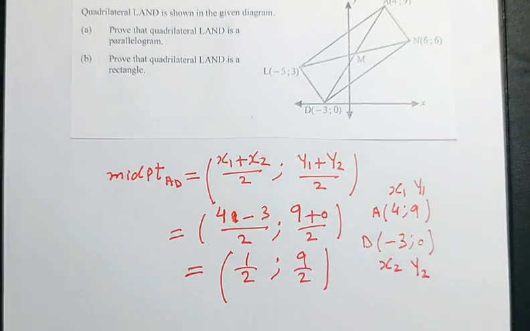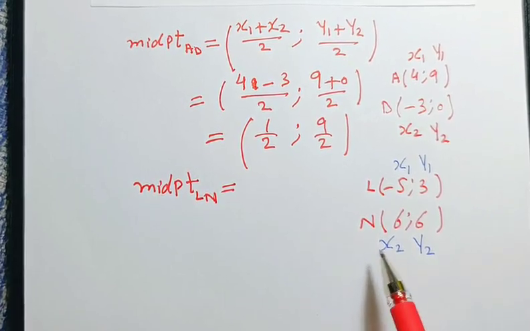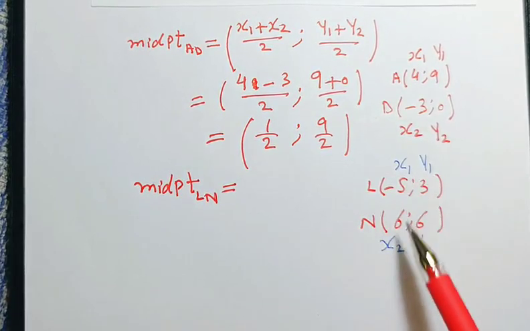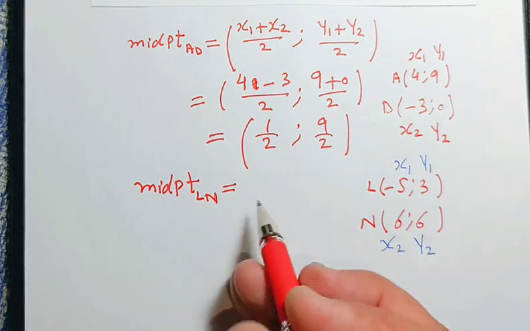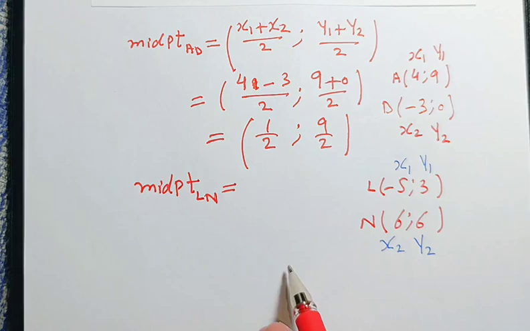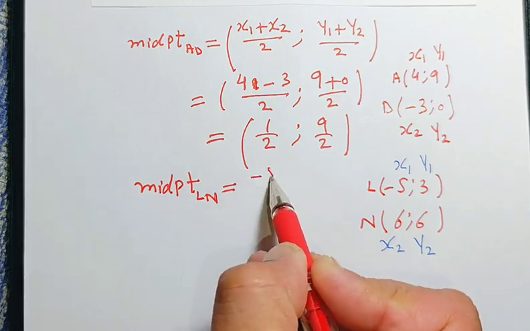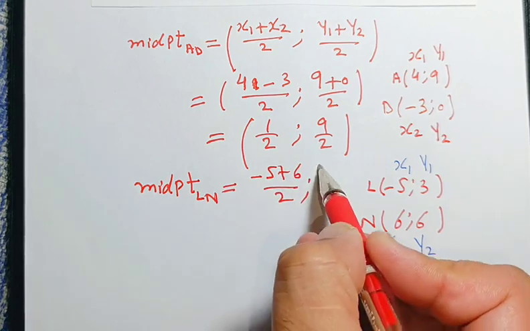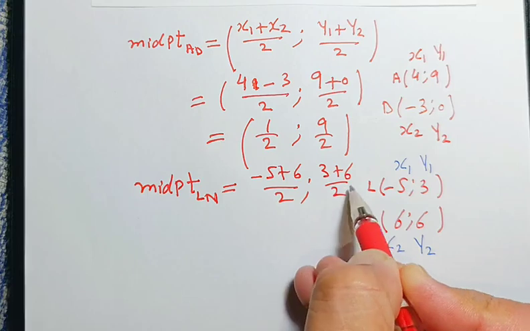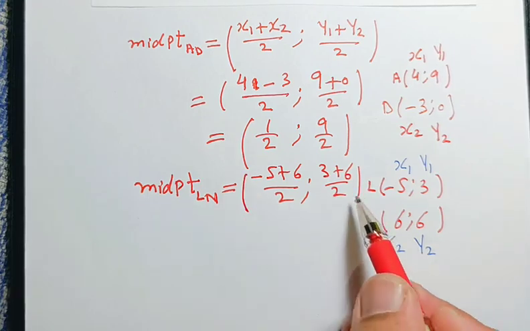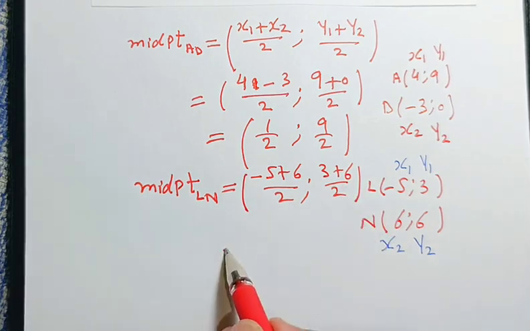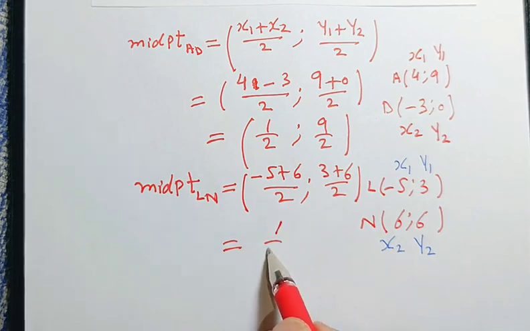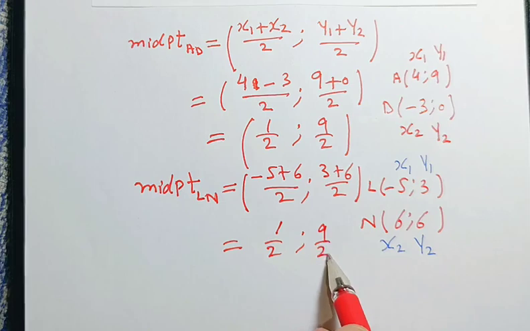Now I'm going to take the midpoint of LN. This is my x1, y1, this is my x2, y2. I plug into the formula: negative 5 plus 6 over 2, and y1 plus y2, 3 plus 6 over 2. Simplifying, this is 1 over 2 and 9 over 2.